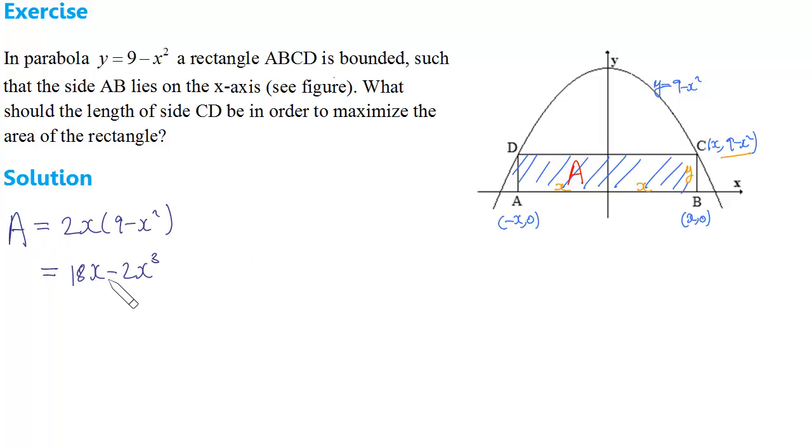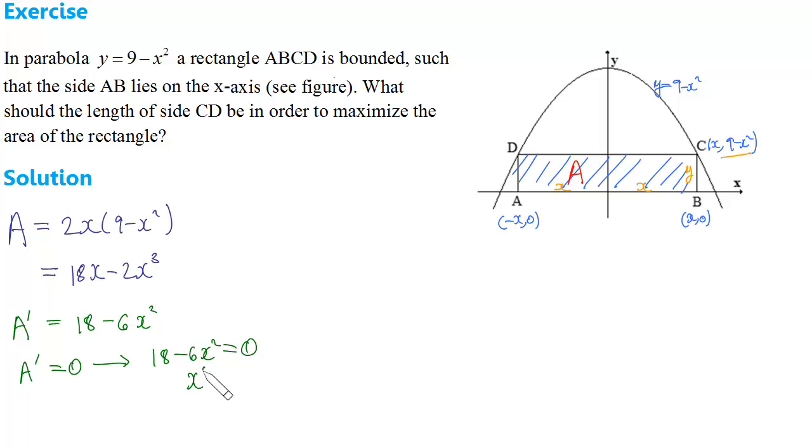We have A in terms of x. And now we go on to the calculus, where we differentiate to find the maximum, hopefully. So A prime equals 18 minus 6x squared. And to look for a maximum or minimum, we let A prime equal 0, which gives us that 18 minus 6x squared equals 0.